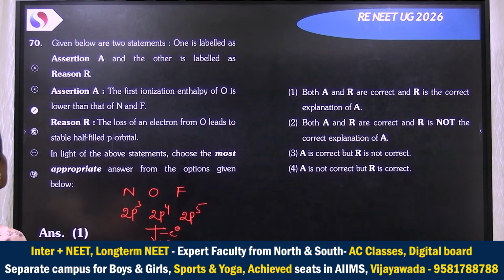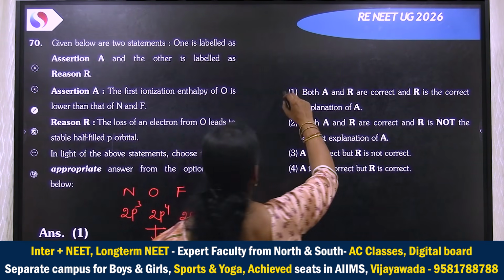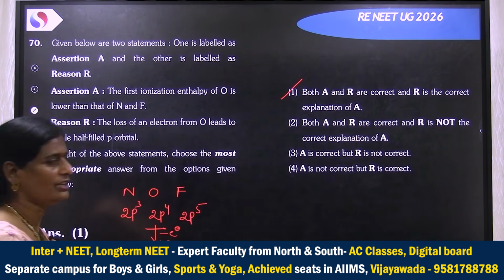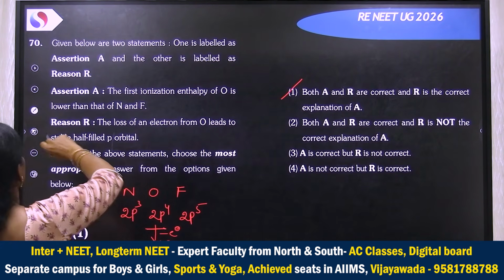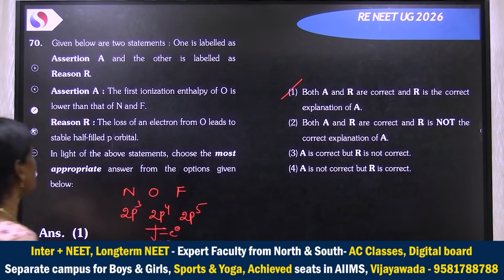So both the assertion and the reason are correct, and the reason is the correct explanation of A. This is from the combined 15th, 16th and 17th group elements.